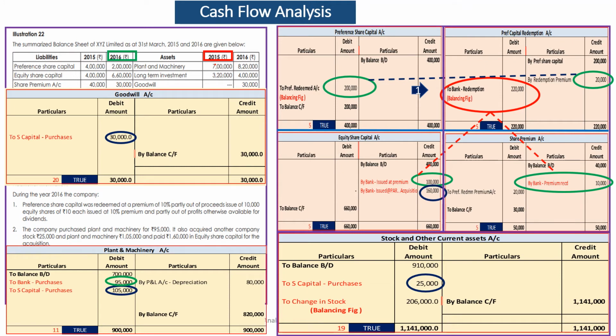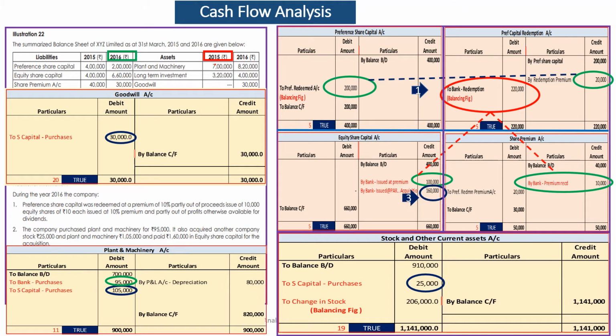We have seen the transaction involving redemption of preference shares. The second point is the company purchased plant and machinery worth 95,000, which will come as a debit to plant and machinery account. And how was it paid? Company purchased means it is paid by bank.